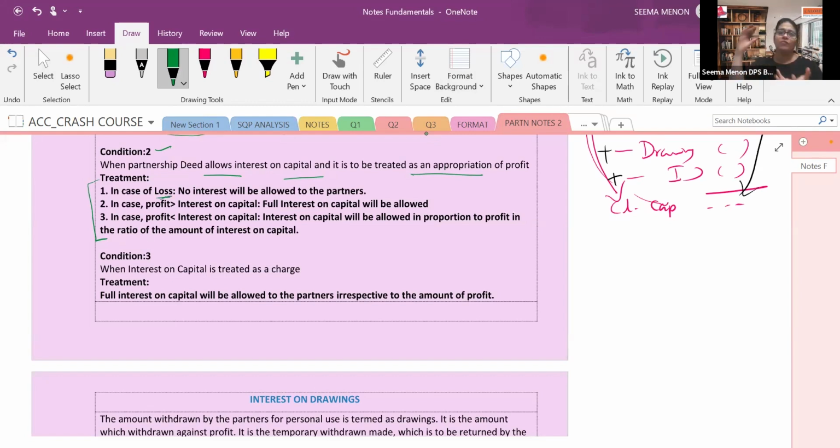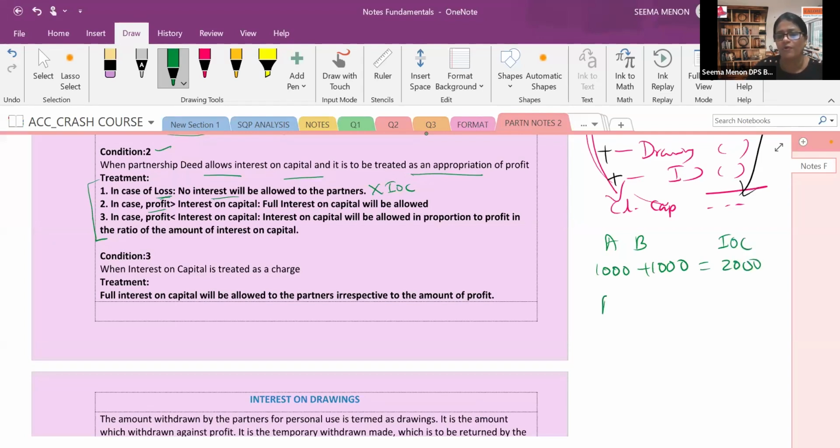If there is profit, you will pay. If there is loss, no interest will be paid. So interest on capital will not be given, it will not be possible to give. If there is loss, from where will we give? Now, in case profit is greater than interest on capital. Suppose 2 partners, let's take A and B. Their interest on capital is 1,000 each. So together, what is the total interest on capital? That is 2,000.